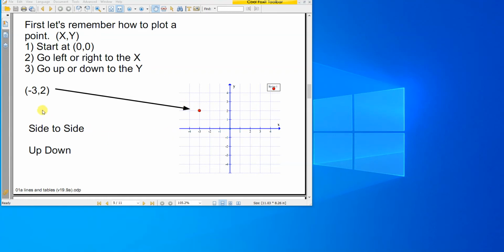And then for this, I go -3: 1, 2, 3, and then I go up 2: 1, 2. So this point right here is -3, 2. I've heard it said that the fireman likes to run before he climbs his ladder. That's one way to remember it. I just remember it that you've got to go side to side first, and then you do the up down.